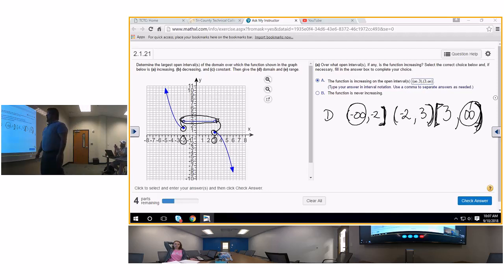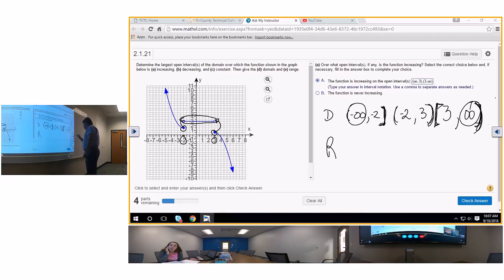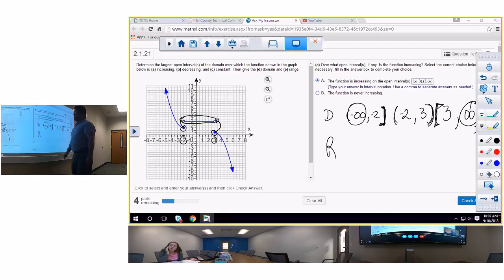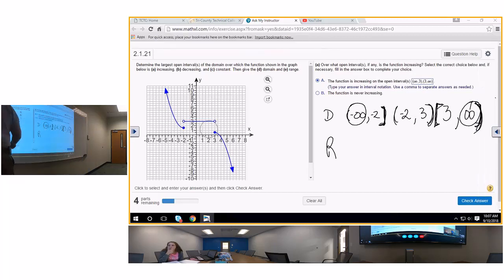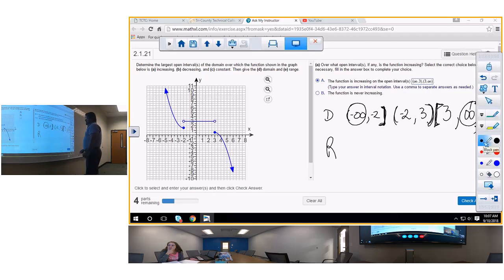All right, range. Negative infinity to what? We've got to be careful here because, let me go over here and erase it. All right, let's take this in stride because, okay, negative infinity to what? 0.5.